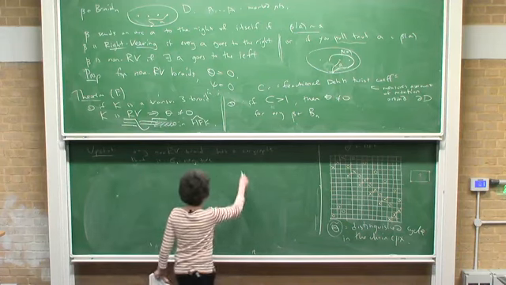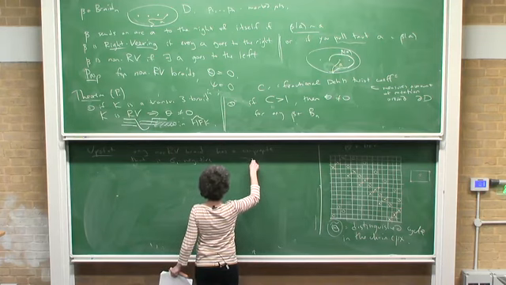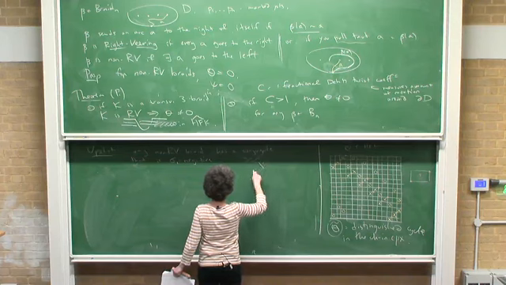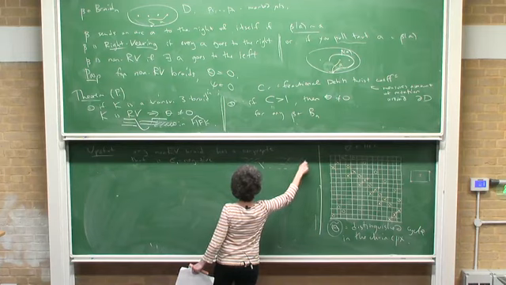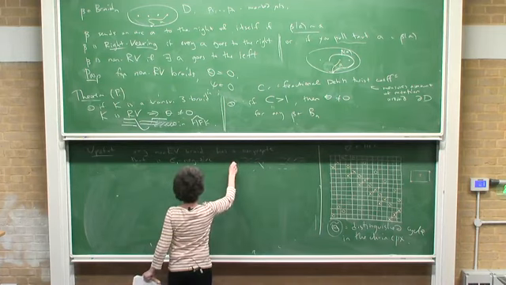So simply put, you have a braid diagram which only has negative crossings in the top.